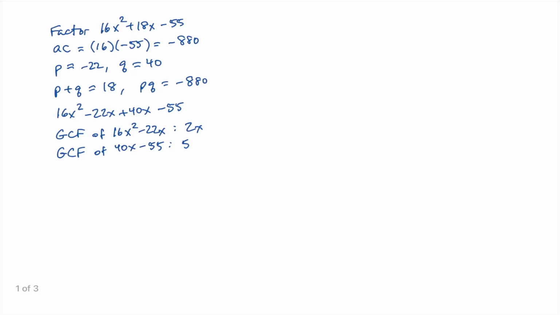So 16x squared minus 22x plus 40x minus 55 is 2x times 8x, because 2x times 8x gives us back 16x squared, and then minus 11, because minus 11 times 2x gives back the minus 22x. Then we'll have plus 5, and 5 times 8x makes the 40x, and minus 11 times 5 makes the minus 55.